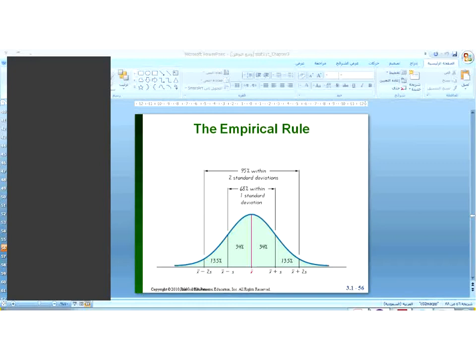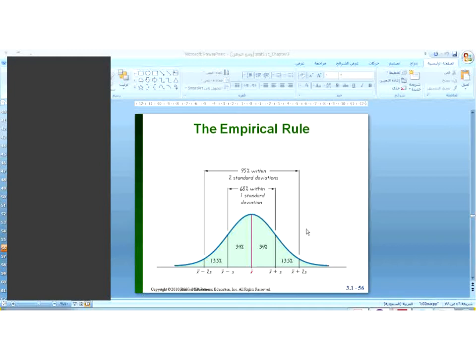Bravo Fatima. Do the rest of you understand how Fatima got it? Yes or no? Seriously, if someone doesn't understand the empirical rule, just tell me and I will move on, okay?